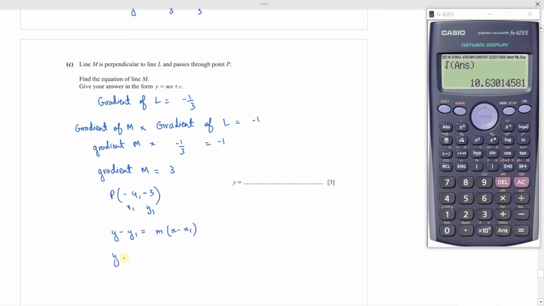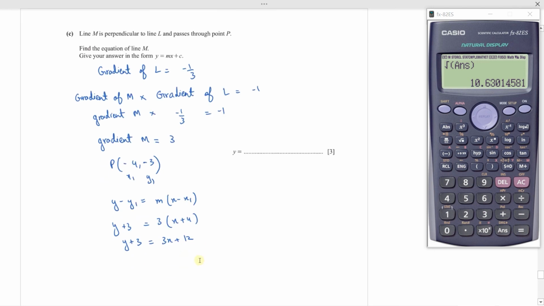So y, this will become plus 3. Gradient is 3 into x, and then minus x1 is minus 4, so this will become plus 4. So this will be y plus 3 equals 3x plus 12.